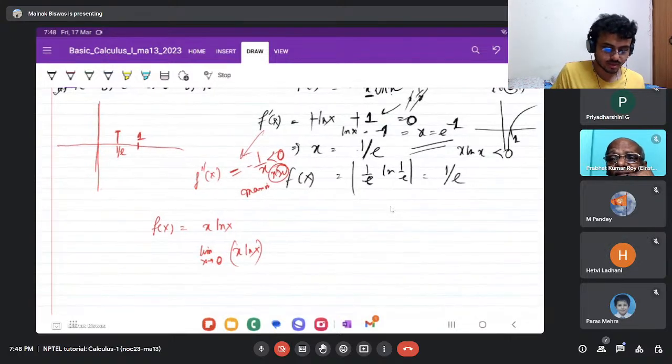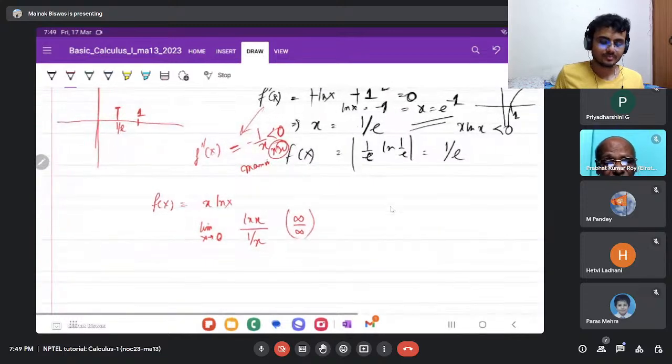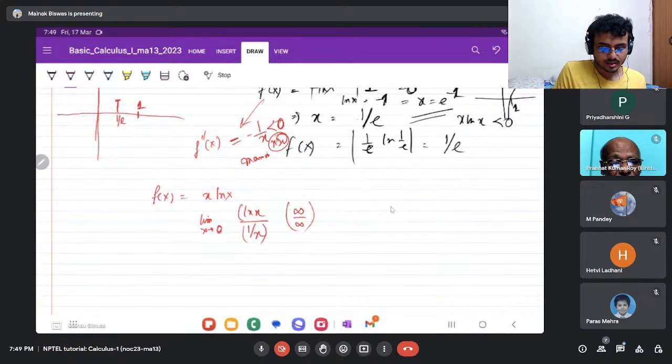I think so, because see, it's a 0 by 0, so let's convert it into a 0 by 0 or infinity by infinity form. It's an infinity by infinity form, right? Correct? I don't think we have covered L'Hopital's rule till now.